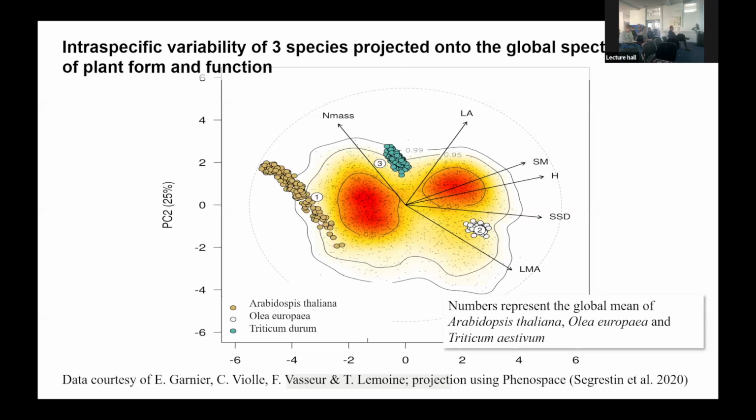And global change obviously can change the topography of the landscape. Like, you can argue that over evolutionary history, there used to be a hotspot here, all the gymnosperms, right? And for some reasons, because of climate and also because of disturbance and everything that happens in the Quaternary, this is not a hotspot anymore.